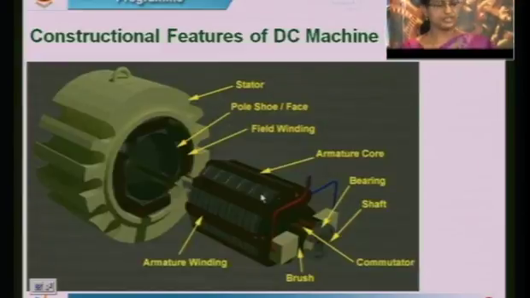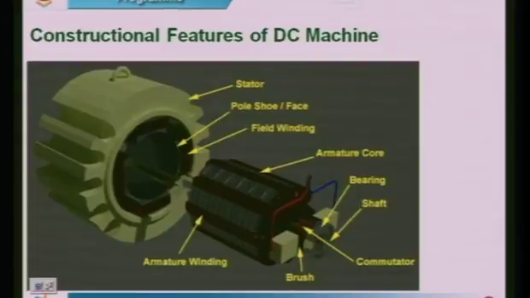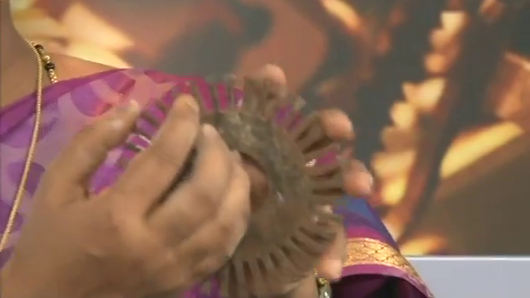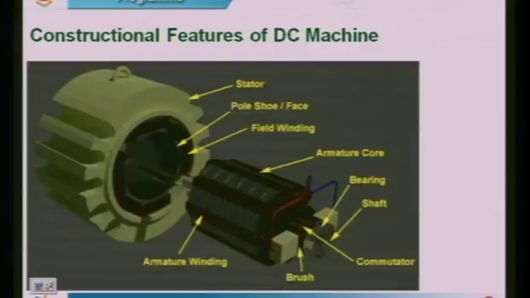I already told you, the armature is laminated. You can use many such parts to create this armature core. The armature conductors you put in these slots, and then connect depending on lap winding and wave winding.